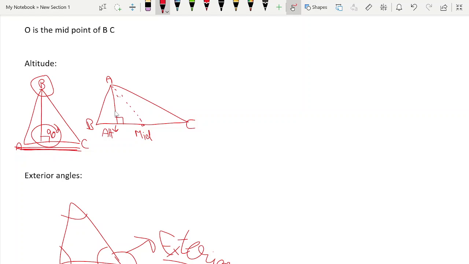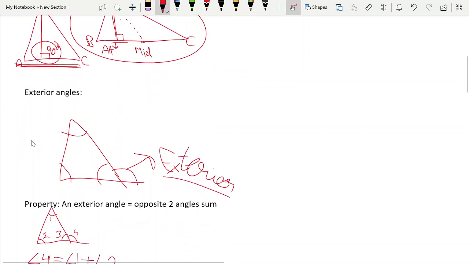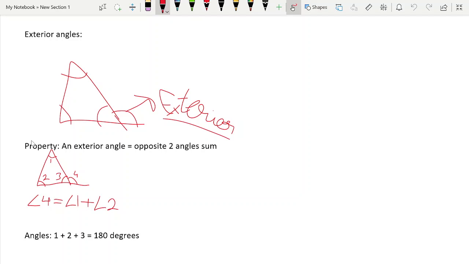But you might think that the median and the altitude look the same, but no. If you have this type of triangle, and you draw this line down as an altitude, that is nowhere near the midpoint, is it? The midpoint would look something like these dashed lines here. So that's altitude.